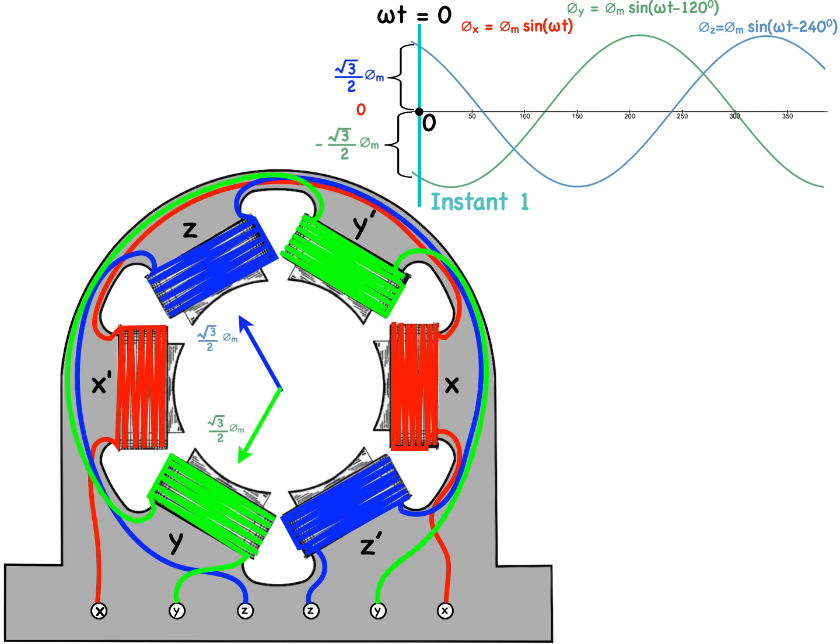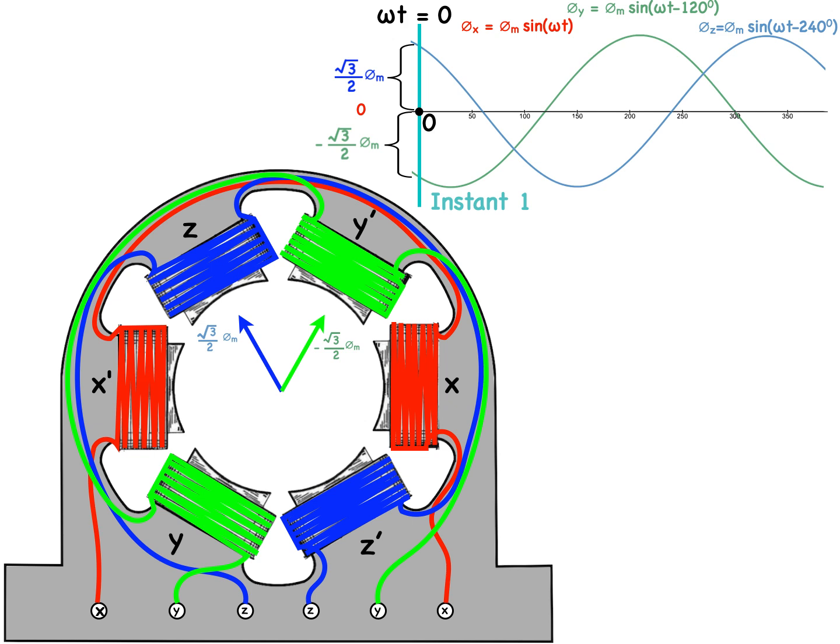And the green phase or Y phase flux, if it were positive, would be in this direction because of the coil positioning in the stator. But at t equals 0, we know the magnitude of this is minus root 3 all over 2 phi m. We now have two flux phasors that will be acting on the rotor.